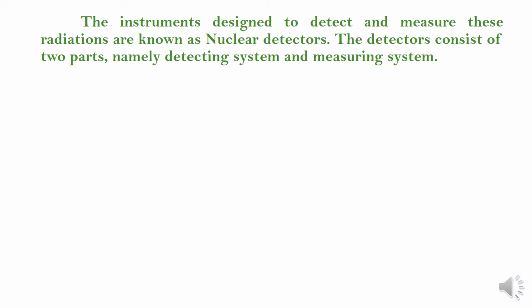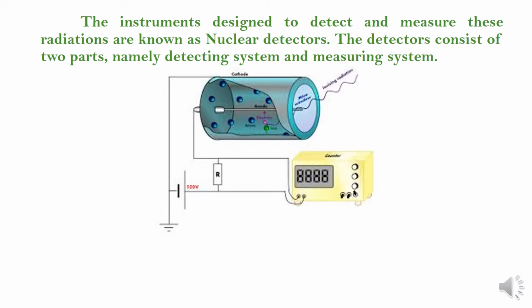Usually all detectors consist of two parts. They are nothing but the detecting system and the measuring system. Look at this figure. Here we have two parts. One is a cylindrical chamber-like part and another one is a box-type device. The cylindrical part of the nuclear detector is called the detecting system, and the box-type device which you can see in the figure is the measuring system.